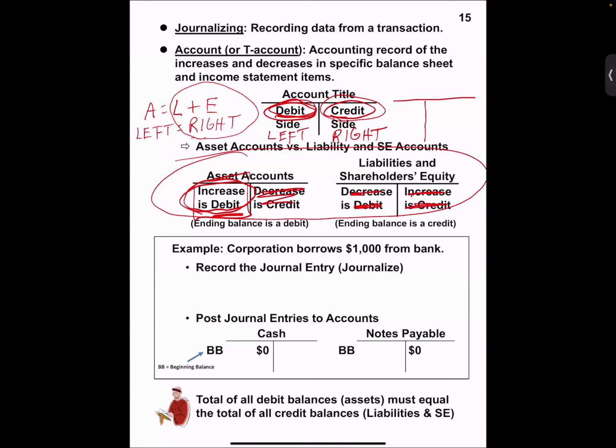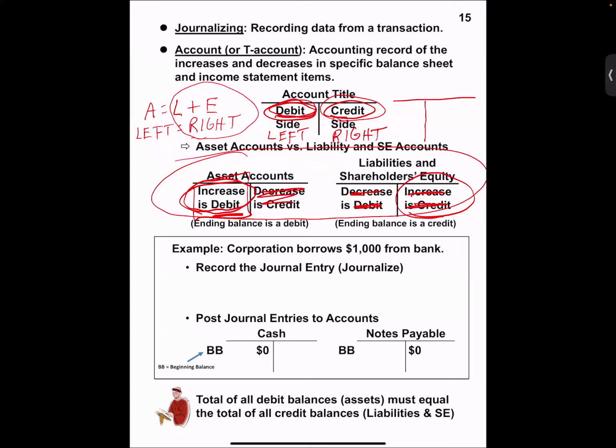If we want to decrease an asset, we do the opposite, which is to credit it. Then we come over to liabilities and equity and we just flip that. If to increase an asset we debit it, then logically to increase a liability, we credit it.